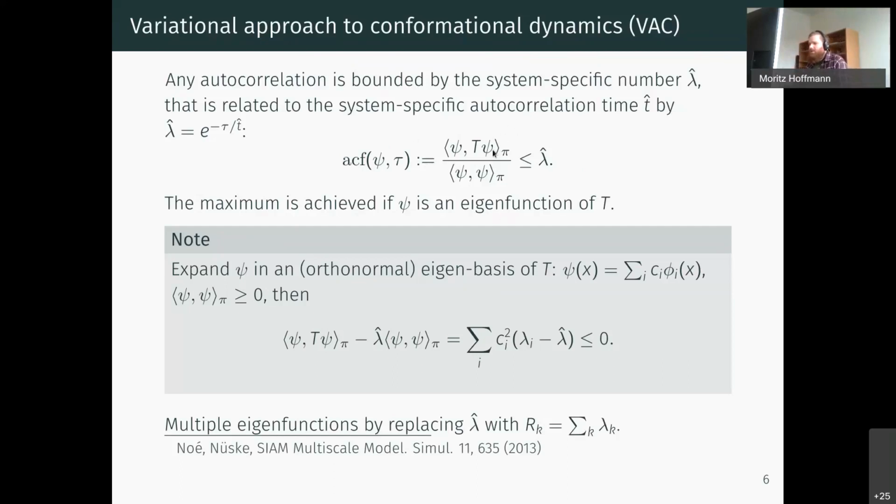And what one can show is that this expression is bounded from above. And the closer we get to this lambda hat, the better, basically. So this is where the variational principle comes from. It's a variational approach for conformational dynamics. So that means we have an upper bound, right?